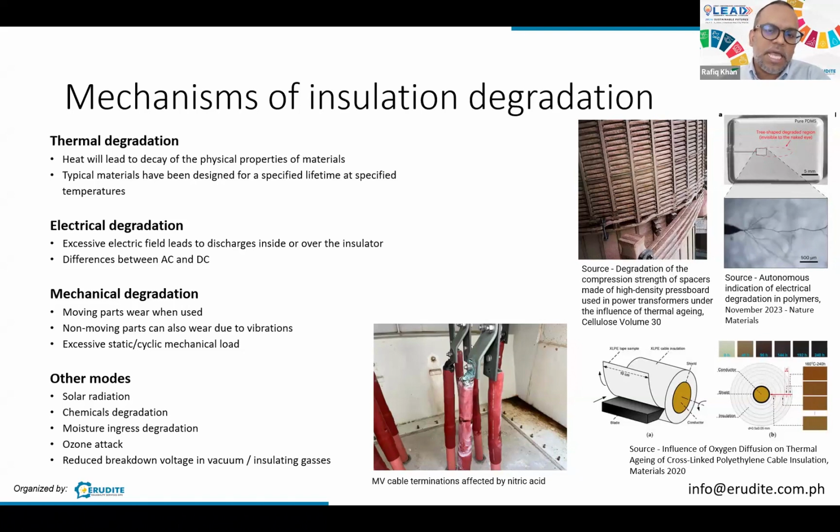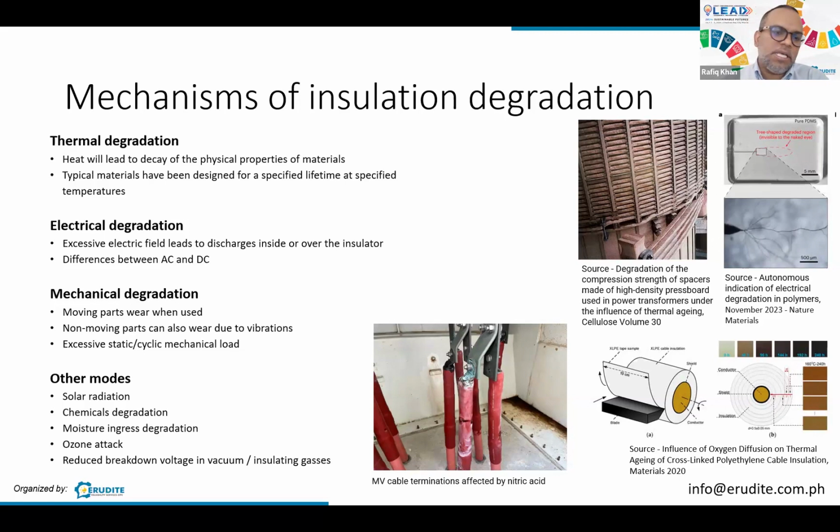There is a temperature slightly above, about 110 to 112 degrees C, which is called the glass transition temperature. Often when you go above 90 degrees C, the degradation starts to become fast. They say in some papers that if you go up by 10 degrees, you halve the life of this insulation. So thermal degradation is a real problem.